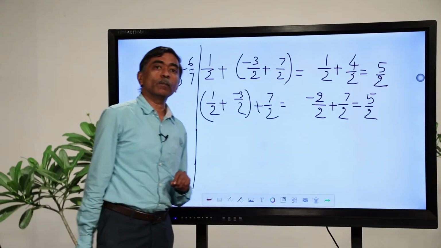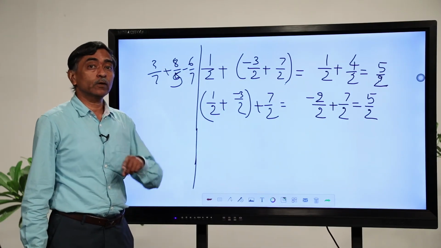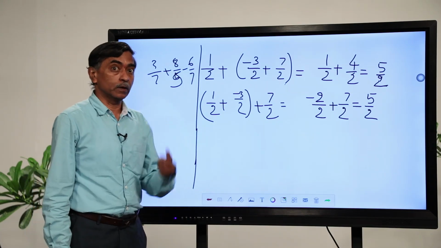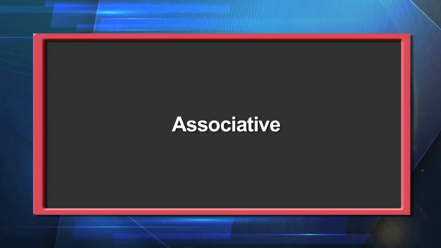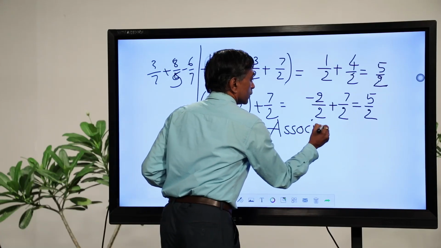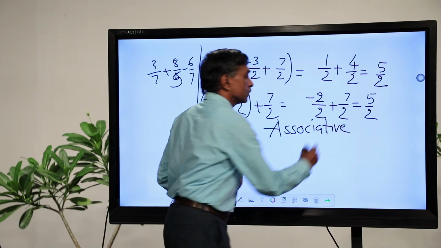So, this combination of numbers in different ways generates the property of some numbers, rational numbers, that we call the associative property for rational numbers.